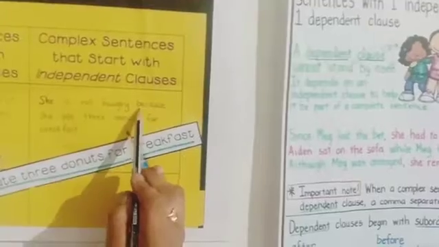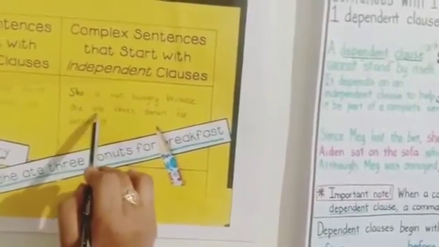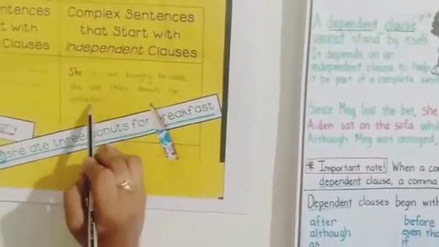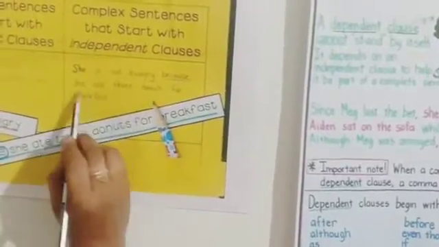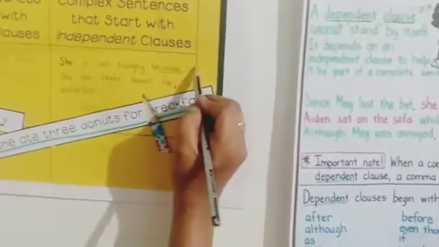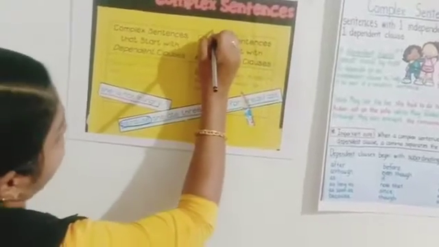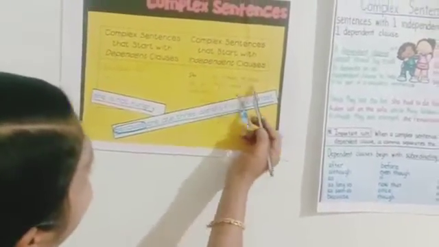Then a subordinating conjunction, then later adding one dependent clause. Dependent clause means she ate 3 donuts for breakfast. I added before because also. Okay, this sentence is always sticking on with the help of this subordinating conjunction. That's why we call it a dependent clause. Okay, this is the example for structure 1. That means independent clause plus dependent clause.